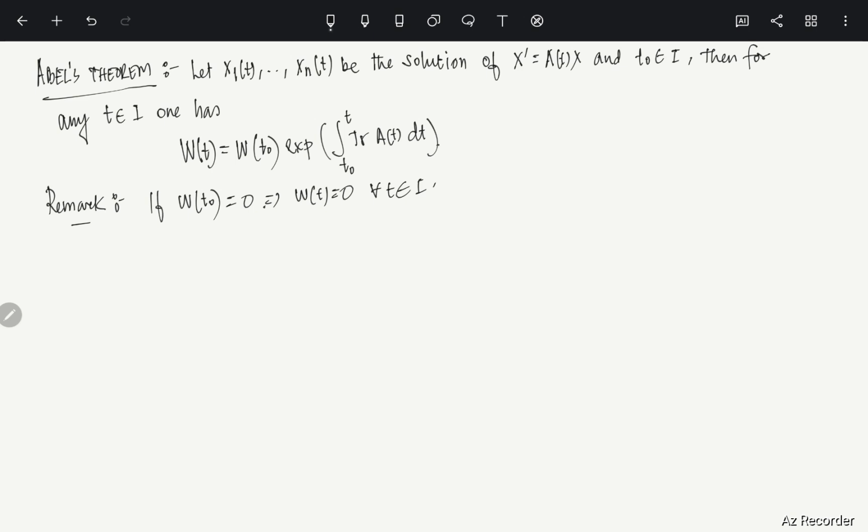If you remember, in the first week we talked about the derivative of a determinant function. The Wronskian is nothing but a determinant function.